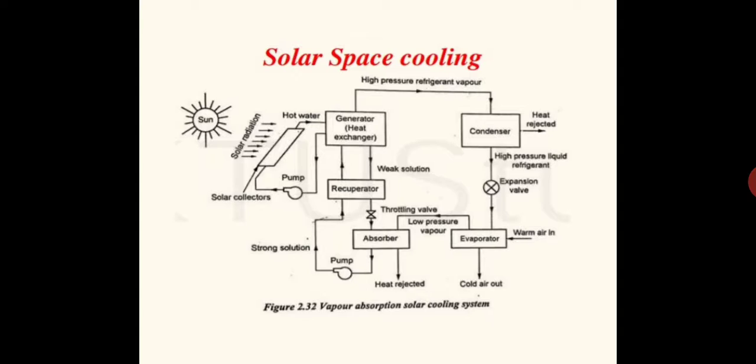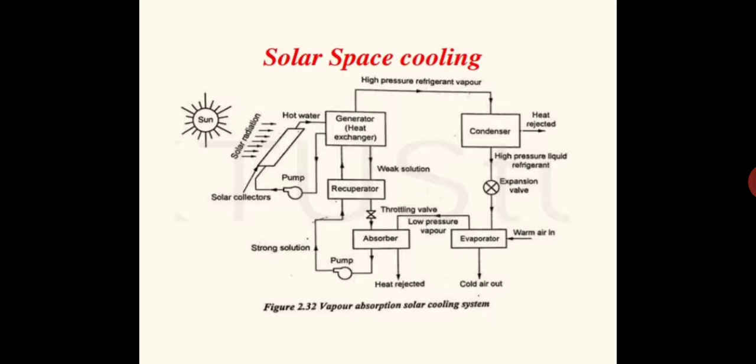During that process, the heat energy of this hot air coming from the room to be cooled has to be absorbed by some other working fluid, and that is usually done by the refrigerant. So low temperature refrigerant will be absorbing the heat energy from the air coming from the room where it is to be cooled.